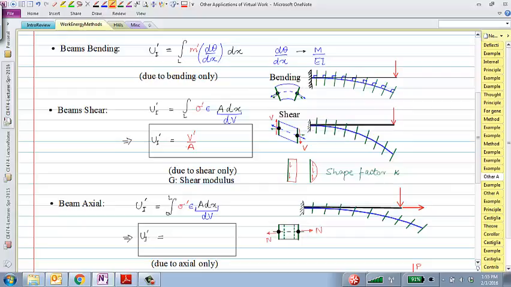Okay. And to account for the fact that it is not really a constant shear across the cross section, it is really a quadratic variation across the cross section, which will of course depend upon the shape of the cross section. If it's a W-shaped beam versus a rectangular or a circular cross section, this shear stress would be different. So what people commonly do is to apply a fudge factor called kappa, where this kappa is the cross section shape factor.